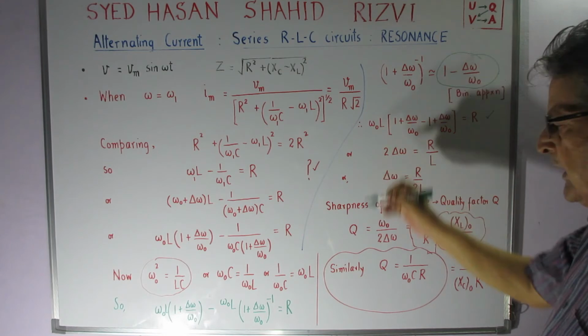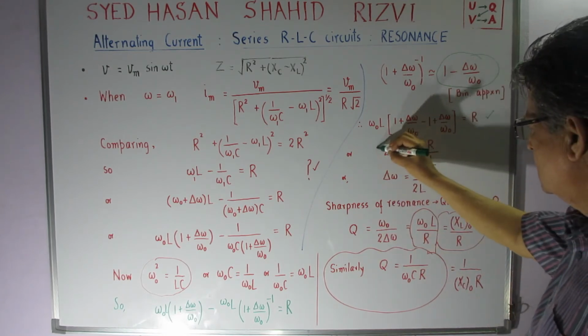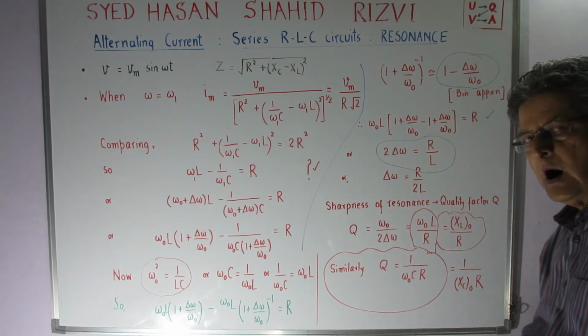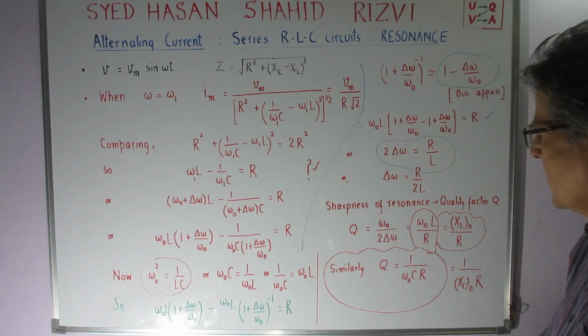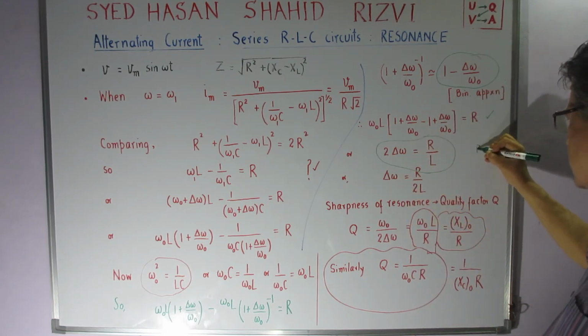Omega naught will also cancel with omega naught, and I'll get 2 delta omega is equal to R upon L. And 2 delta omega was defined as bandwidth.